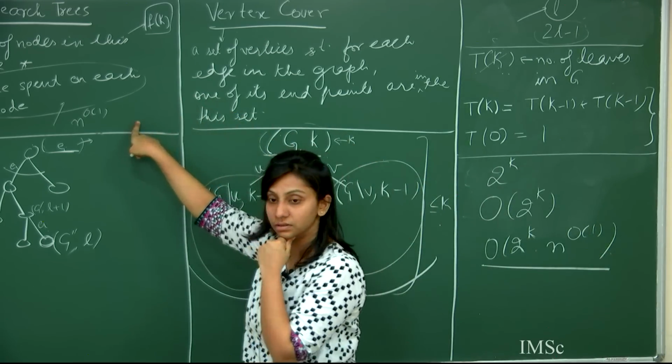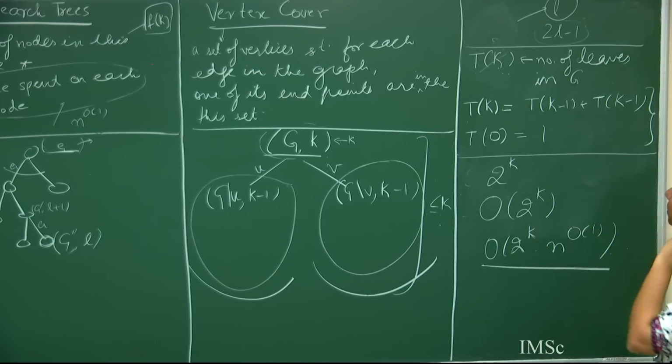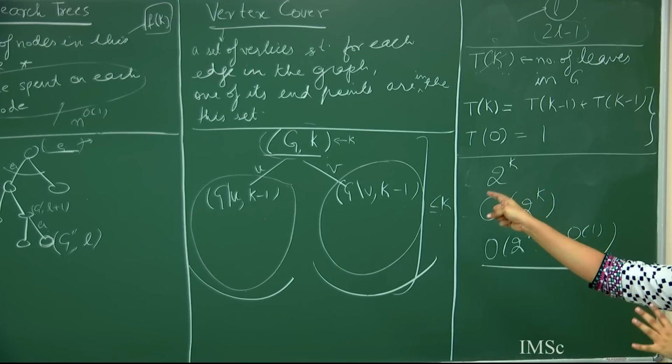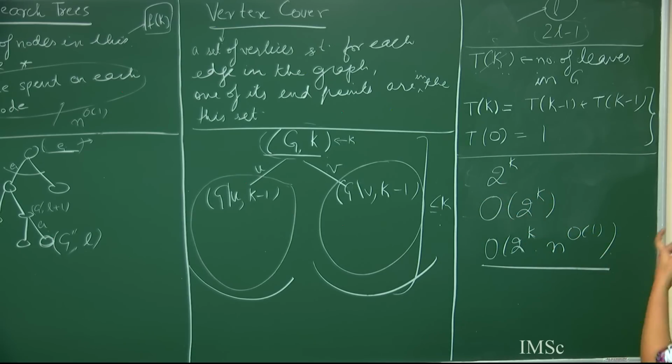So this is one algorithm for vertex cover that runs in 2 power k poly n time.